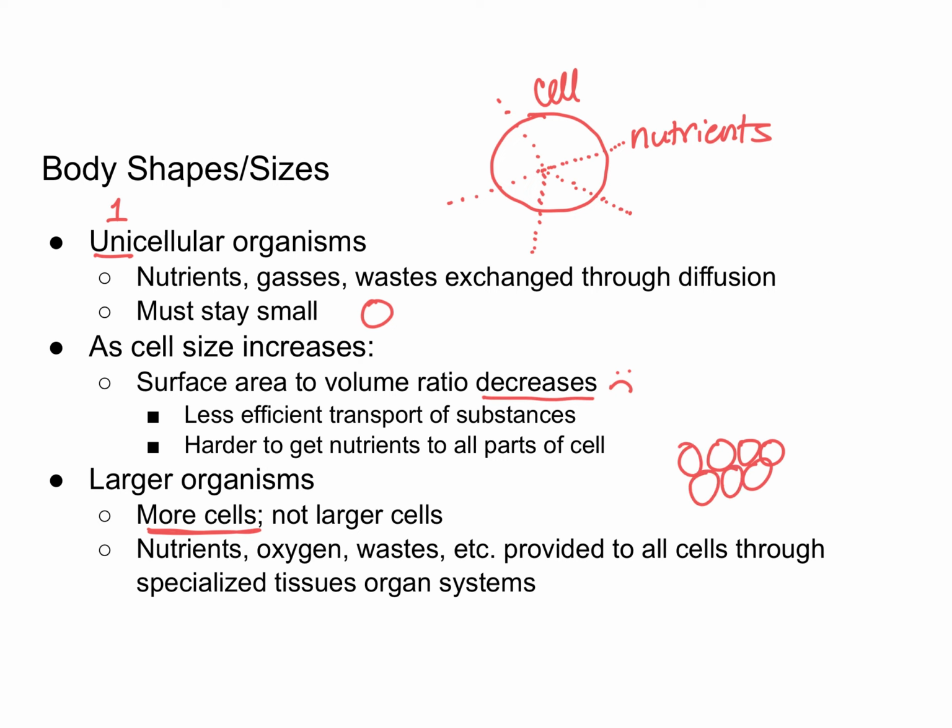And these cells differentiate and turn into specialized tissues and organ systems. And these tissues and organ systems help to essentially deliver nutrients to all of the cells that need them and get rid of waste products.